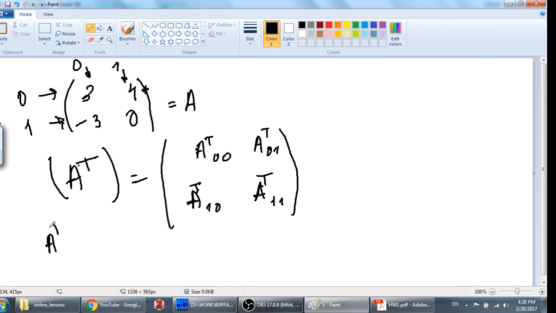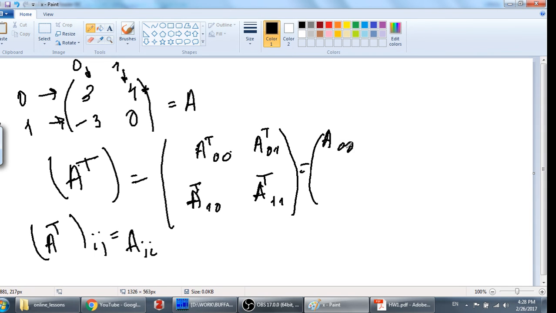Now, the definition of the transposition in terms of elements is that you swap the indices i and j. So A transpose 0, 0 becomes A 0, 0, because i is 0, j is 0.